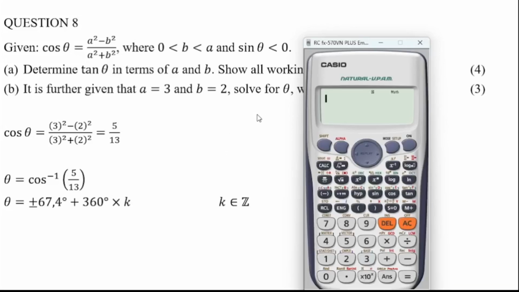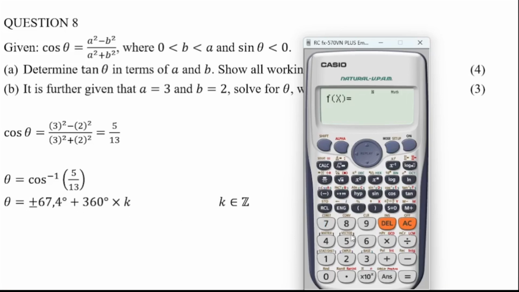Right, for our alternative method, you're going to do the same thing. Right, for cos theta, we have what? Positive or negative 67.4 plus 360 times k. So how do we do that? You press mode, and then table, in this calculator 7, then press the first one.